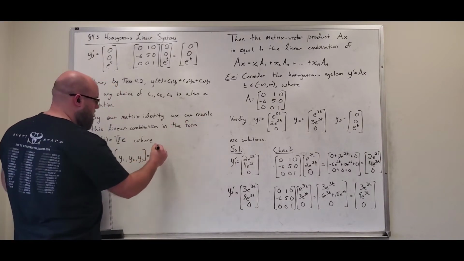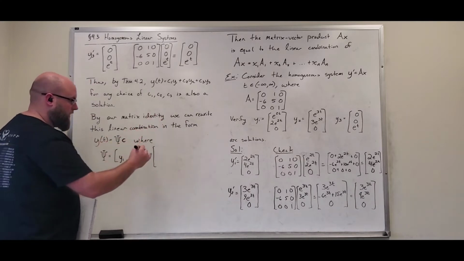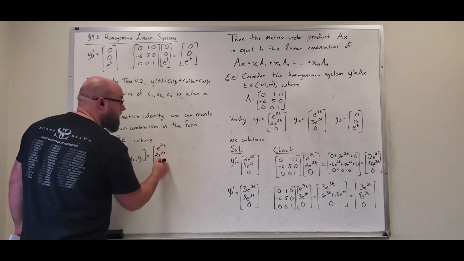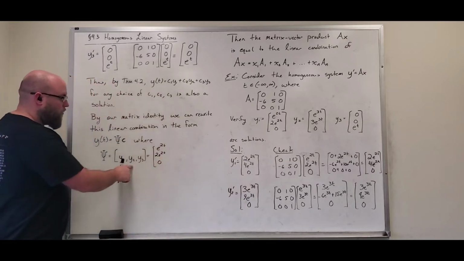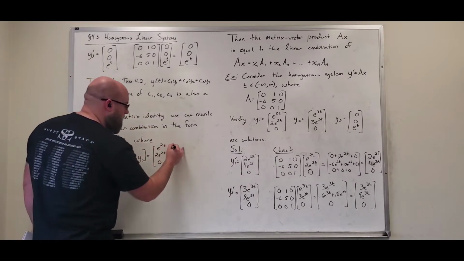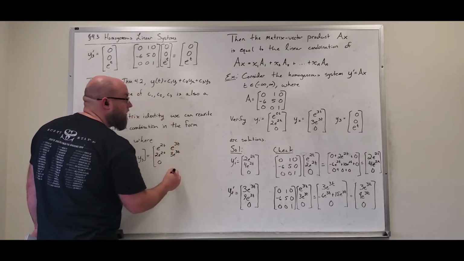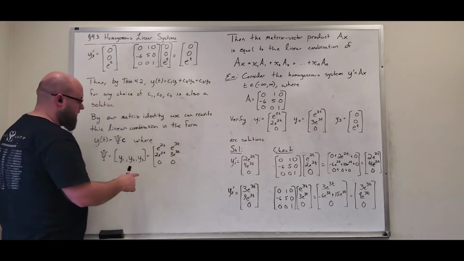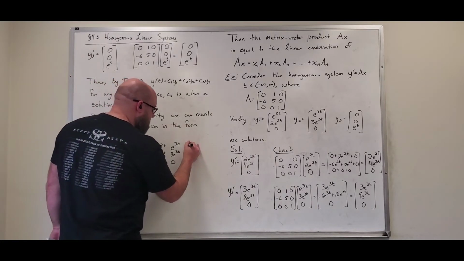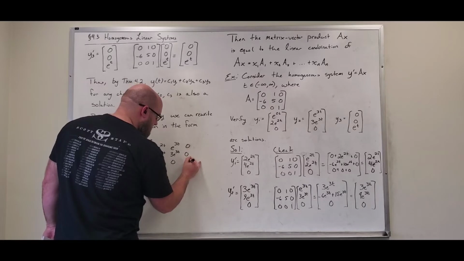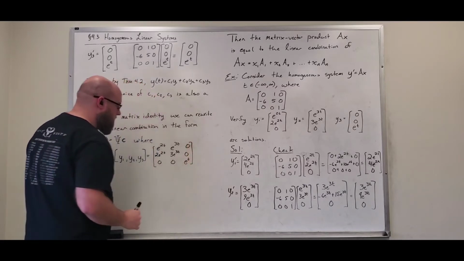All right, y1, its column is represented by e to the 2t, 2e to the 2t, and 0. y2 is represented by e to the 3t, 3e to the 3t, and 0. And then y3 is represented by 0, 0, e to the t. All right.